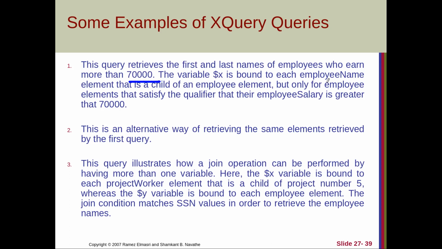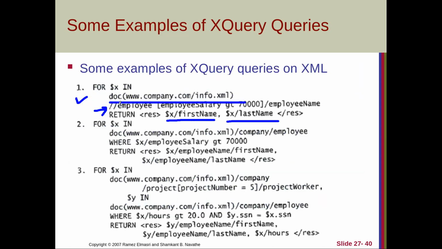$h is bound to each employee name element that is a child of an employee element, but only for employee elements that satisfy the condition of salary greater than 70,000. Now the second one: for $h in the document URL /company/employee where $h/employee salary greater than 70,000.